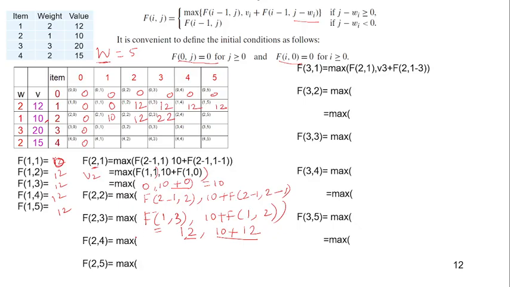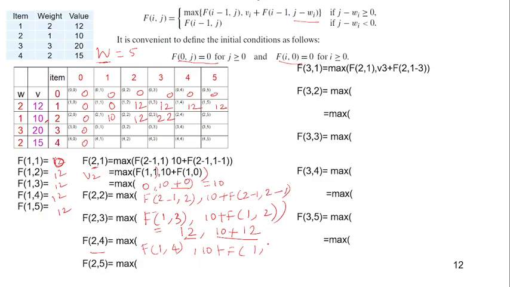And for this one, 2 comma 4, what should you consider? For 1 comma j, 1 comma 4, comma 10 plus f of 1 comma 4, the weight is 4 minus 1, 3.